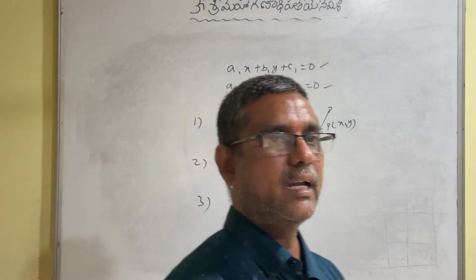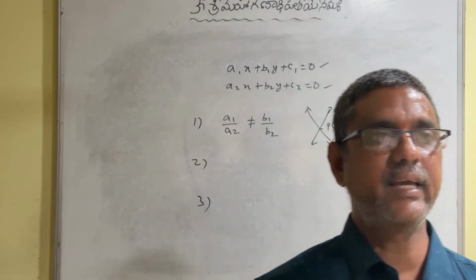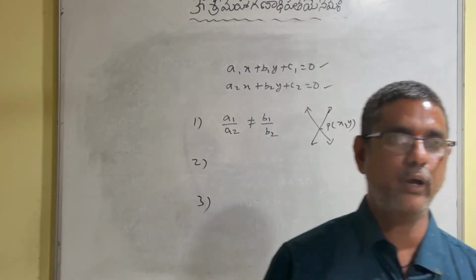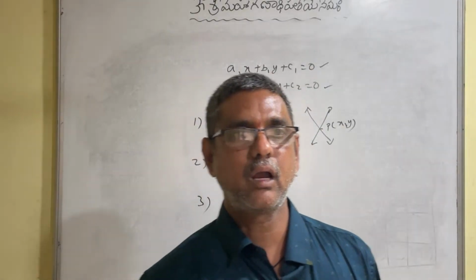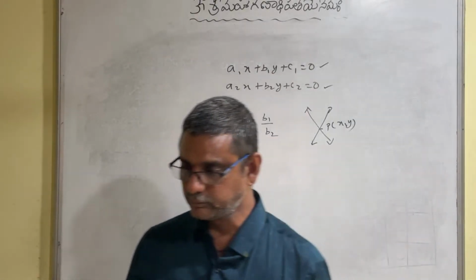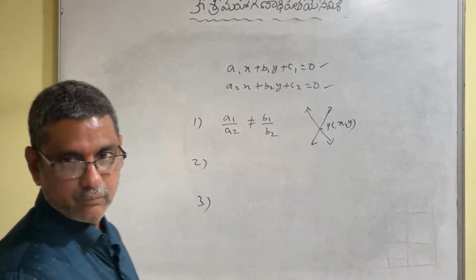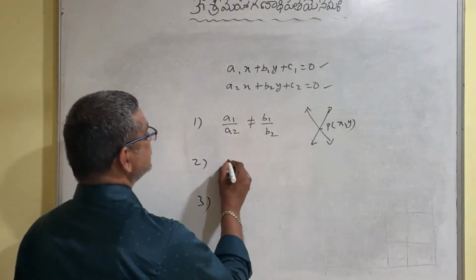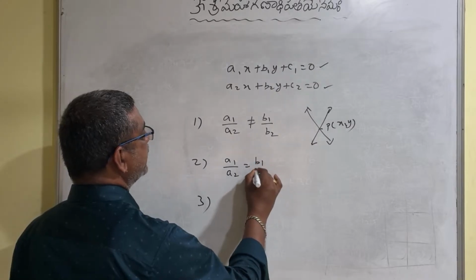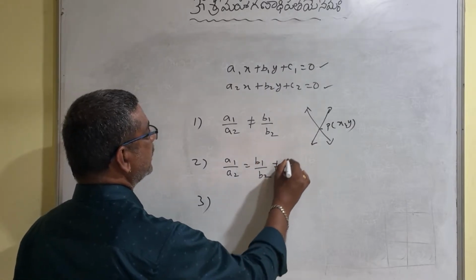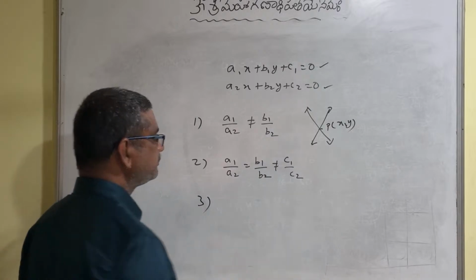If two lines are intersecting, that means they will meet at only one point, and that point is known as the common solution. Now, second condition is a1 by a2 is equal to b1 by b2, but not equal to c1 by c2.